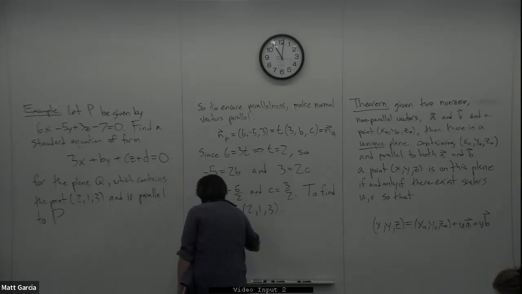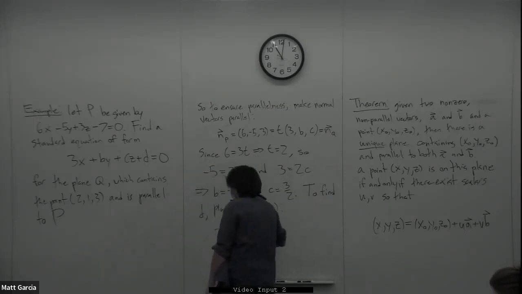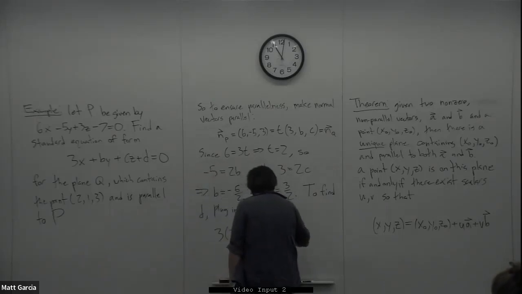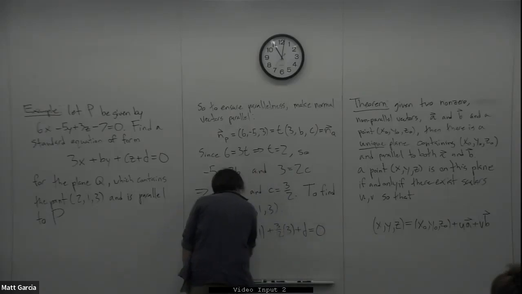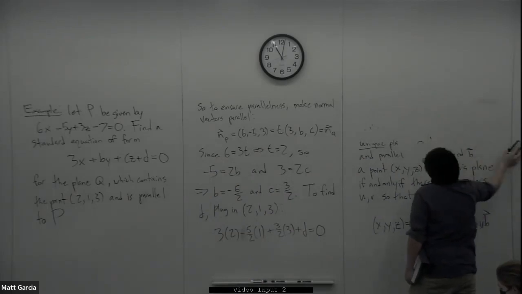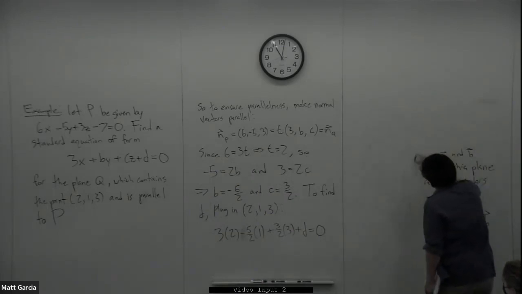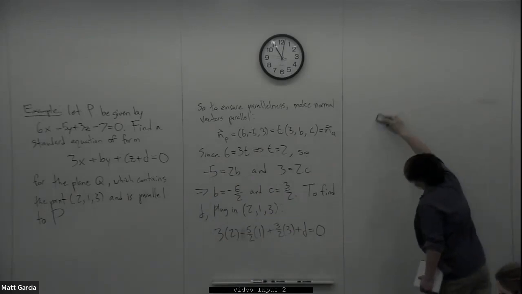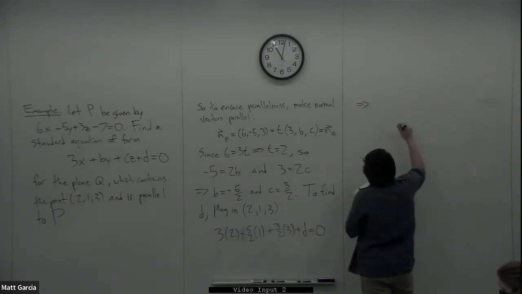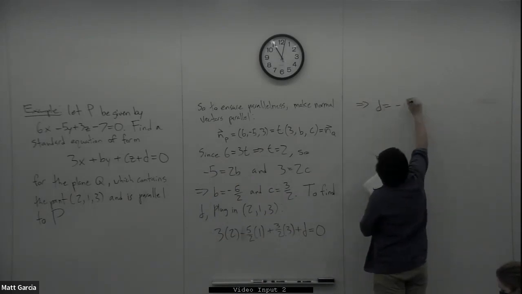So we get 3 times 2 plus, oops, sorry, B is negative, so minus 5/2 times 1 plus 3/2 times 3 plus D is equal to 0. And in an effort to make fewer mistakes on the board, I computed this beforehand. So do the arithmetic, verify that this is true. But altogether, this gives you that D is -8.